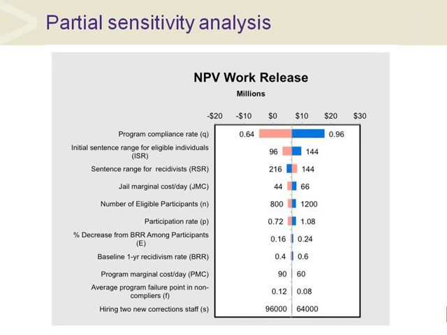And you can see that when the program compliance rate up at the top is changed by plus or minus 20%, it translates to a plus or minus $10 million change in the net present value. And conversely, down at the bottom, the salaries of the correction staff can change by that 20% in either direction without really having much effect on the net present value.